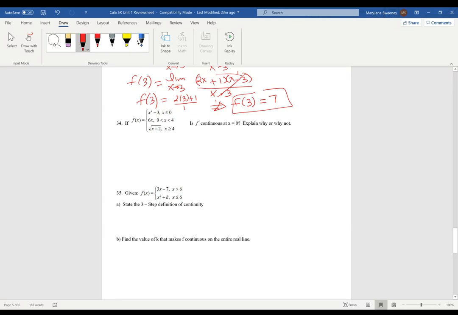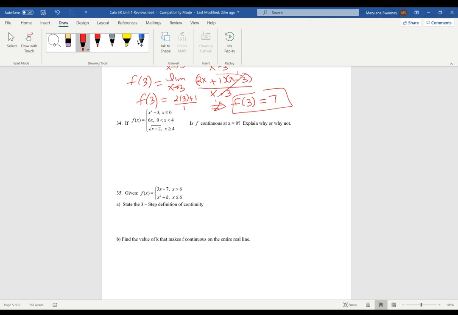35, state the 3-step definition of continuity, and then find the value of k that makes f continuous on the entire real line. Okay, so continuous basically everywhere.